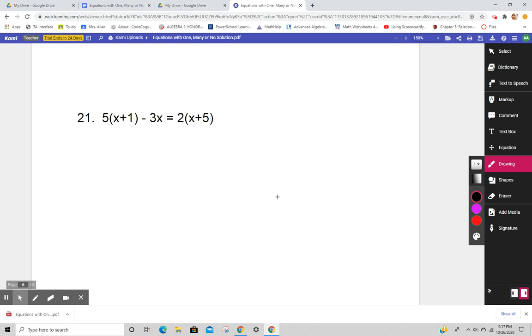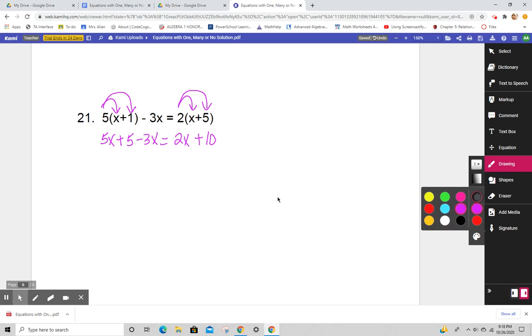All right, let's check and see how you did. So you should distribute first. 5 times x gives us 5x. 5 times 1 will give us 5 minus 3x equals, distribute here, you'll get 2x. Distribute here, you will get 10.